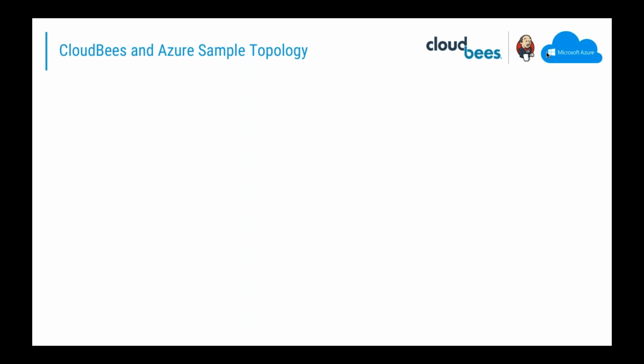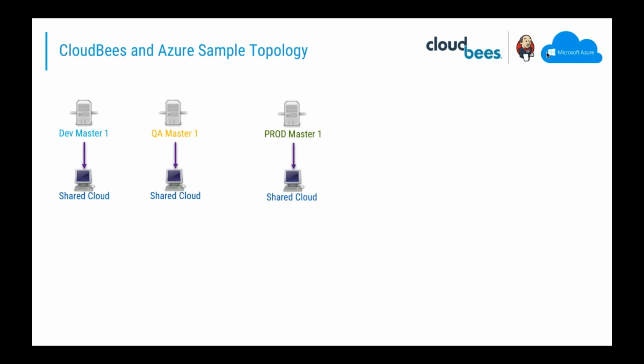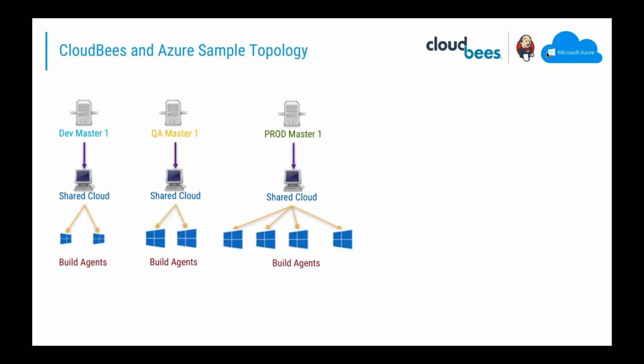We'll show you some interesting situations, and there will be a lot more for us to discover together in the future. So what we start with is we say we have a development team master, Jenkins, we have a QA master, and we have a prod master. And what happens is each one of these masters will define a shared cloud. Each one of these shared clouds will provide build agents, and these build agents come from Azure.